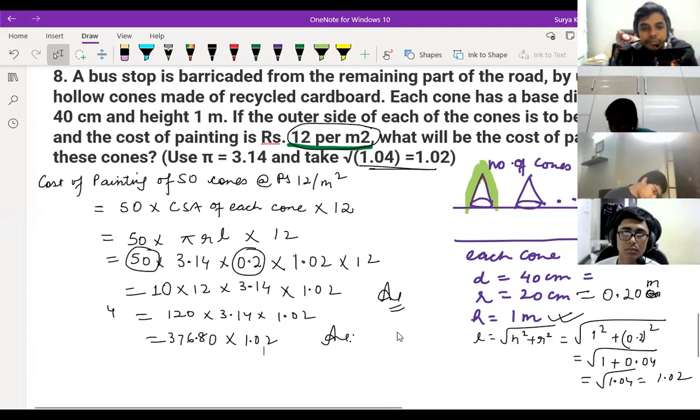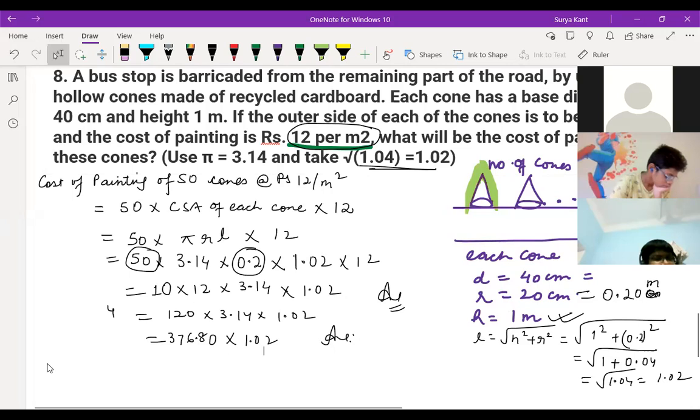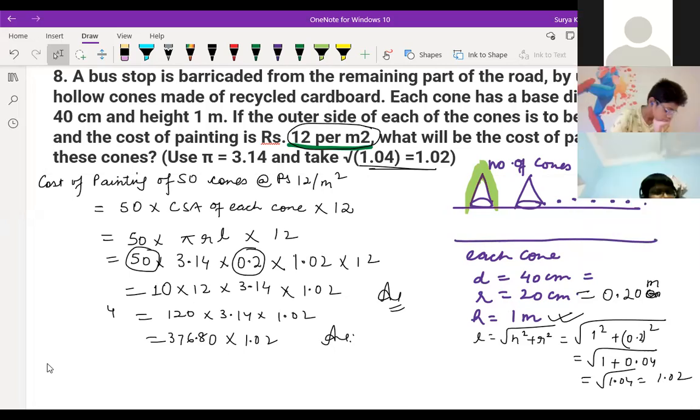Okay. Sir, in the third line, sir, 10 into 12 into 3.14 into 1.02. Sir, how did you get 10, sir? 50 into 0.2. Okay. So you took this 2 and 5 together.